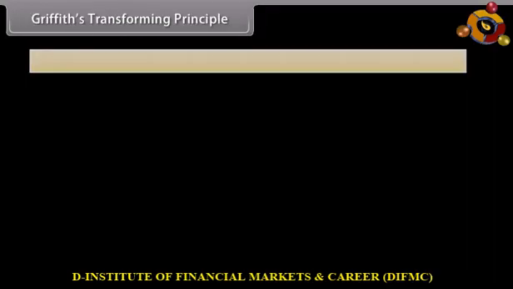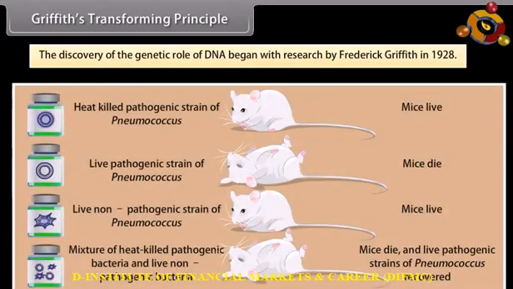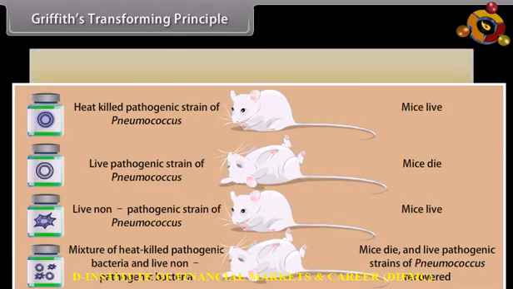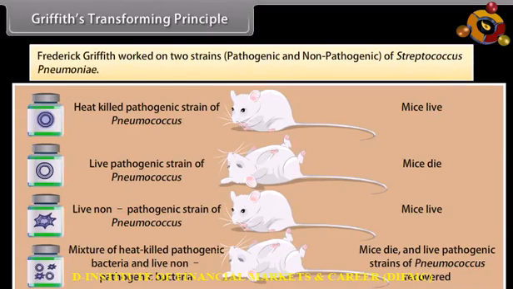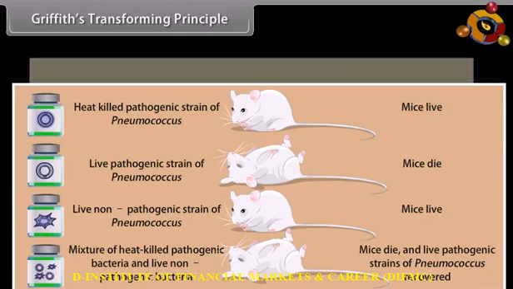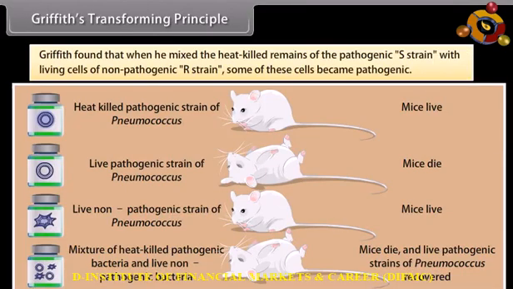Griffith's transforming principle. The discovery of the genetic role of DNA began with research by Frederick Griffith in 1928. Frederick Griffith worked on 2 strains, pathogenic and non-pathogenic, of Streptococcus pneumoniae. Griffith found that when he mixed the heat-killed remains of the pathogenic S strain with living cells of non-pathogenic R strain, some of these cells became pathogenic.